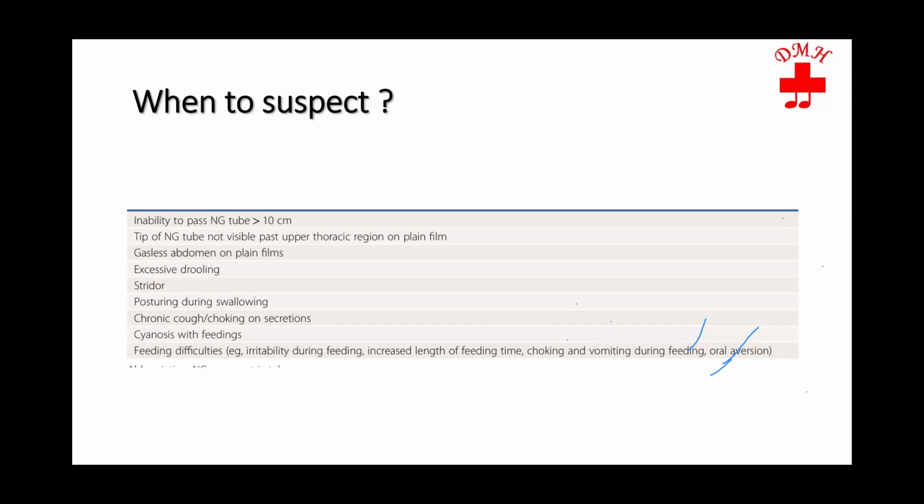So when these symptoms are there, then we need to suspect TEF. But when it is concerned to newborns, it is inability to pass NG tube. The first three criteria are important with even excessive drooling.